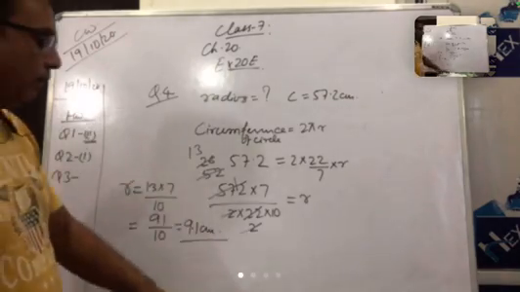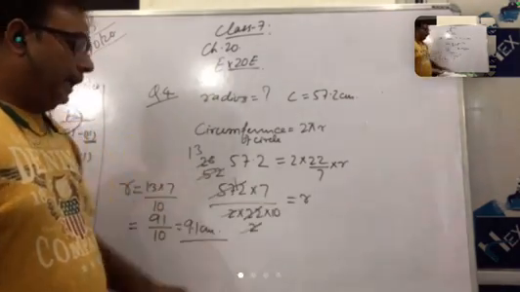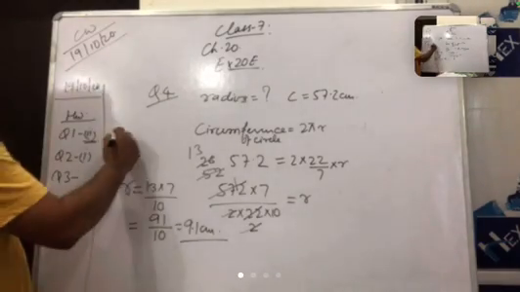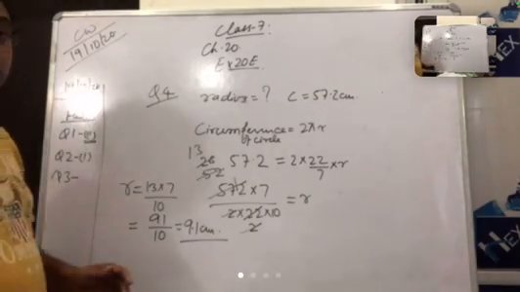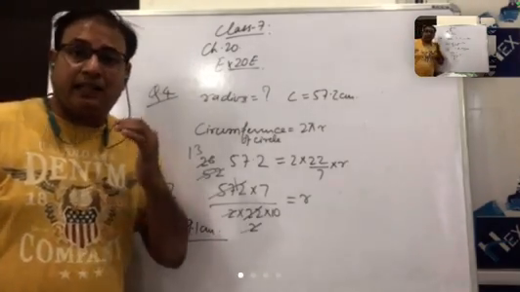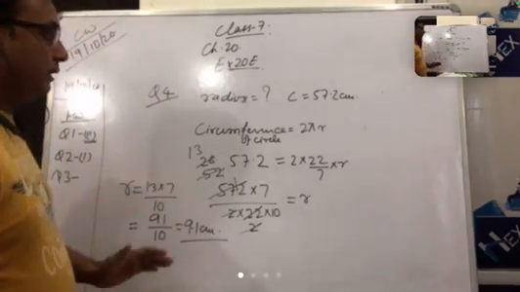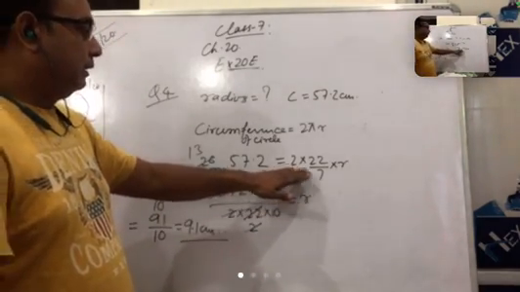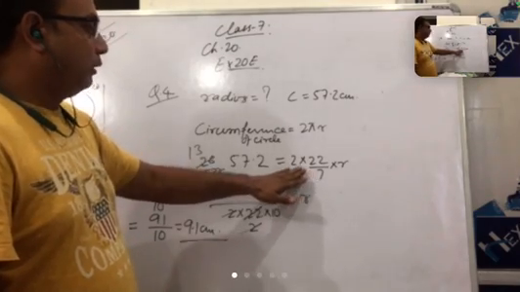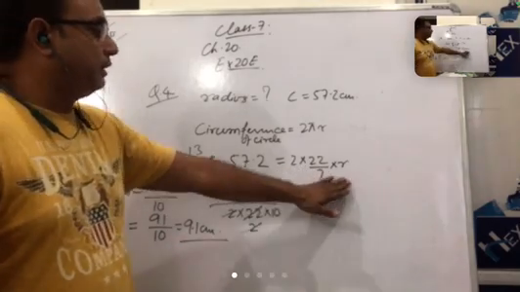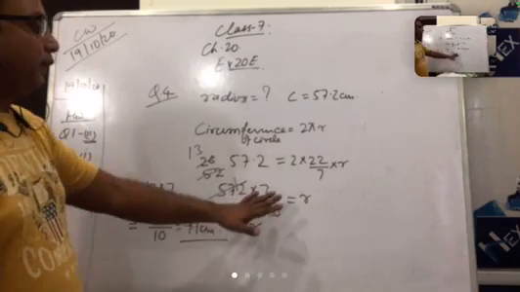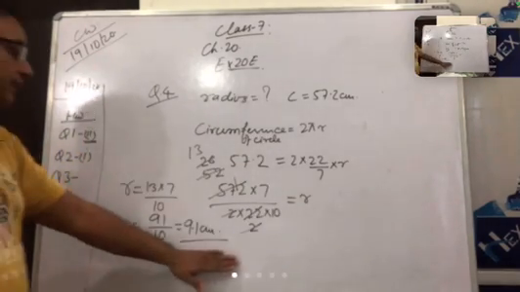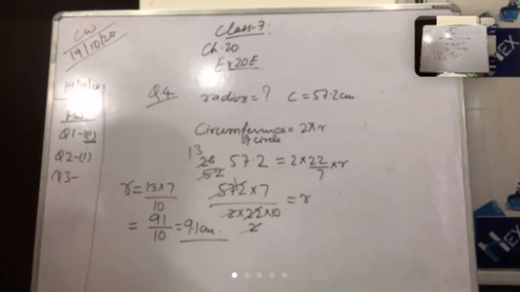This is given, or every time you can use this. Sometimes in some questions you can use the value of pi which is equal to 3.14, but that is given in the question. Otherwise you can use only 22 upon 7. That will be easy for calculation. So 2 multiplied by 22 upon 7 into r, we can transfer according to their position, then we can cancel it and we get the radius 9.1 centimeter.